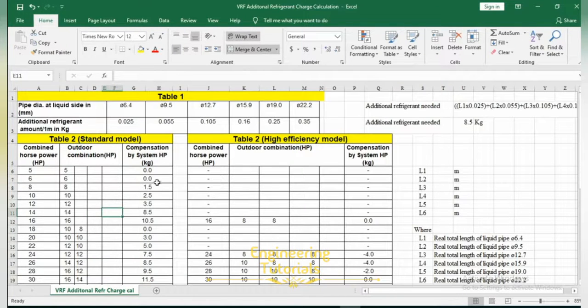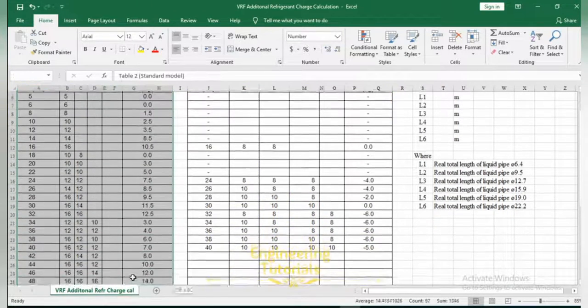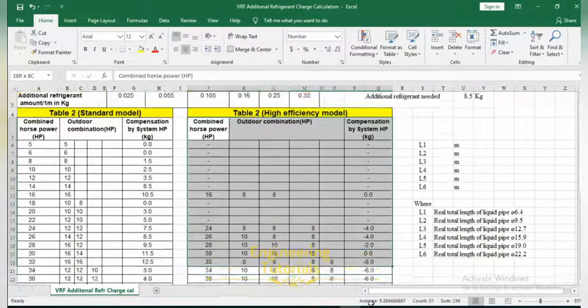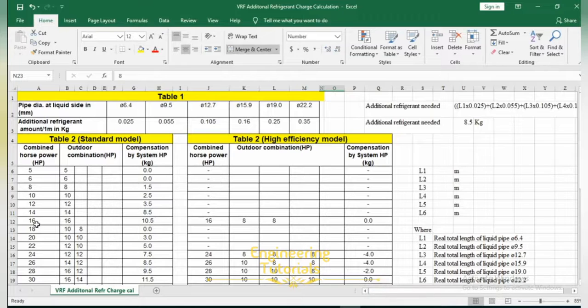This is the compensation due to the horsepower of the system outdoor unit which we have selected. This is for the standard efficiency models, and this is for the high efficiency models. Let's say our outdoor unit horsepower is 14, and additional refrigerant needed for the 14 horsepower outdoor unit is 8.5 kg. So we need to add this one also here.